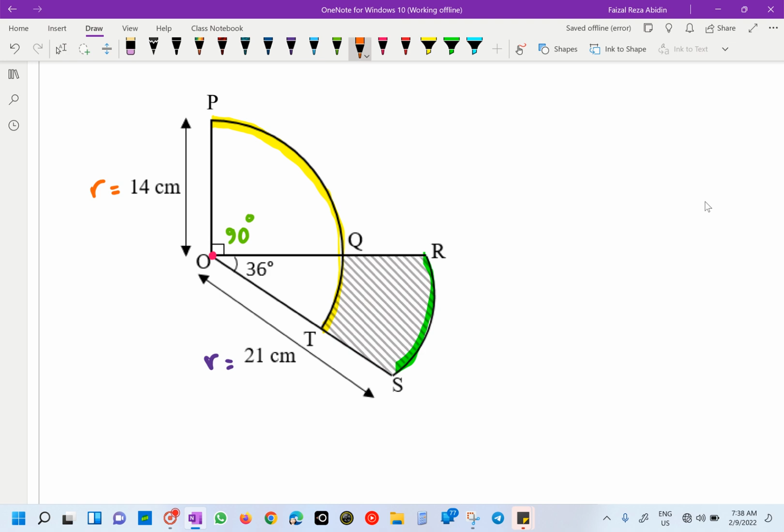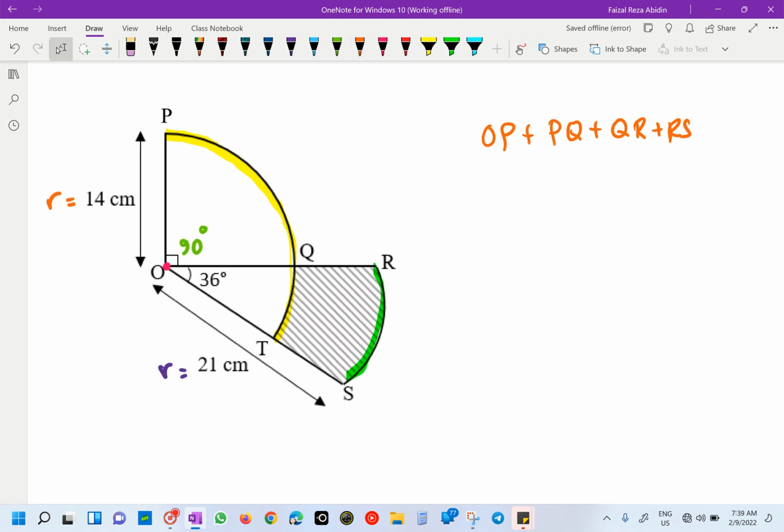We are going to start with OP, then PQ, QR, RS, then OS, OTS or OS. It's like a fence all around, measure the perimeter.